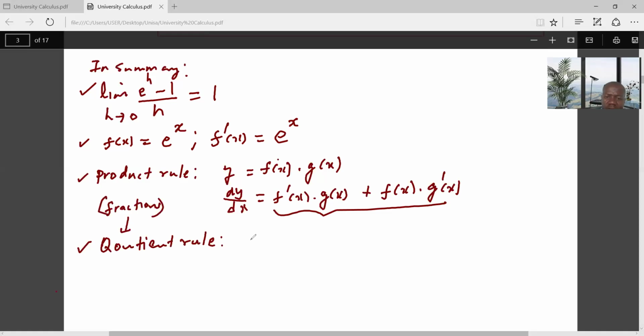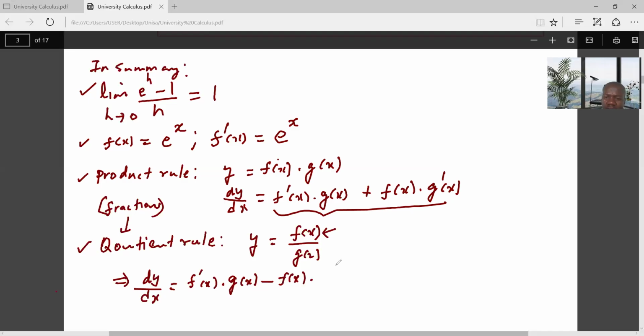It says when you have y equals f over g, then the derivative of y with respect to x, according to what I said, we differentiate the numerator times we leave the denominator, minus we leave the numerator and we differentiate the denominator. Everything divided by the denominator squared. This is very important, ladies and gentlemen.